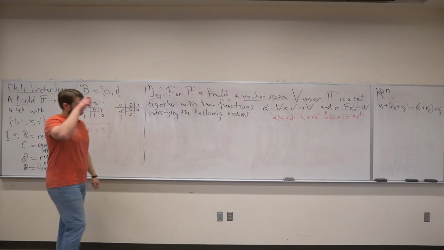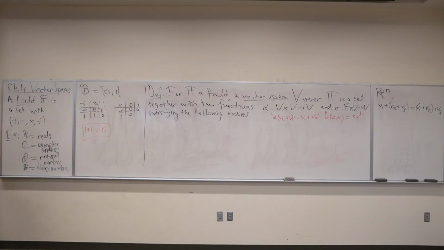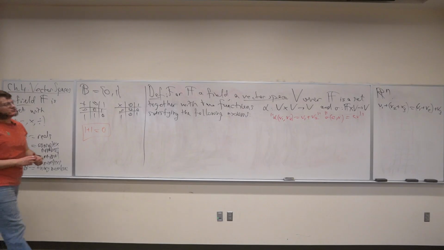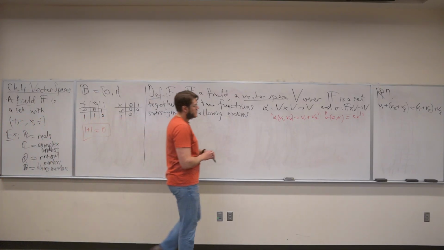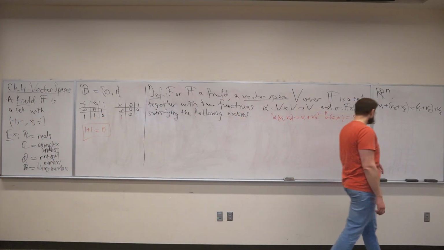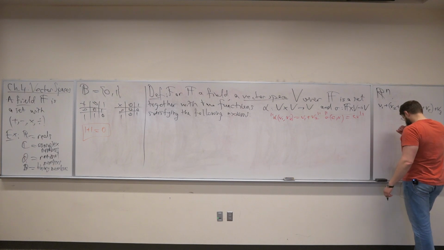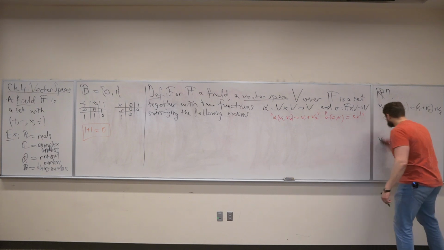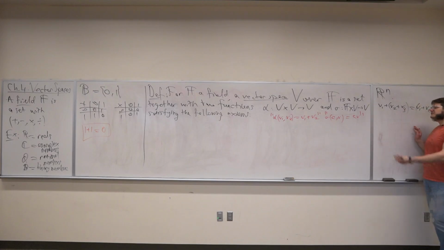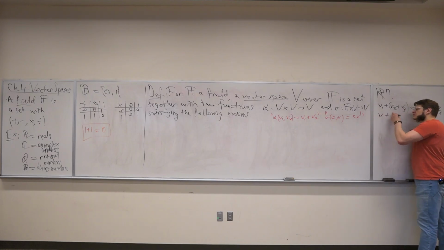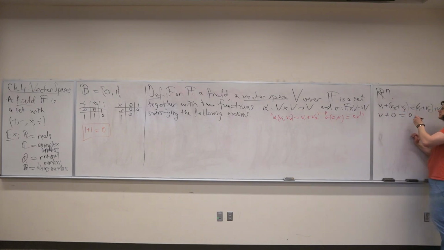Try to remember what else. Certainly for vector addition, the order should not matter. Before that, we have a 0 vector: 0 plus V is V. So you need to say that there's a vector like this.